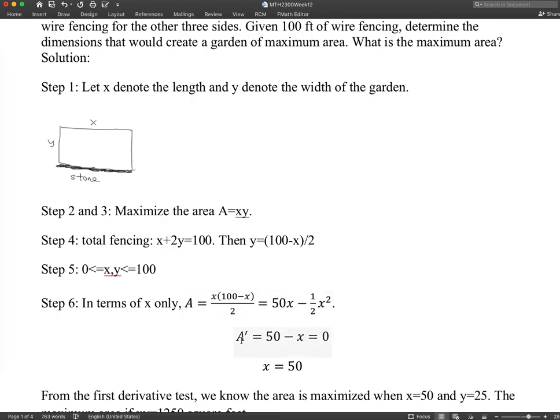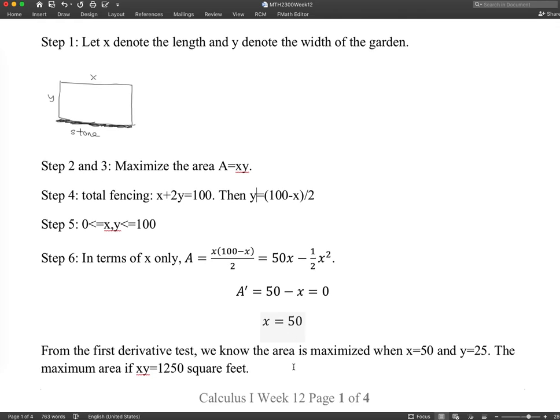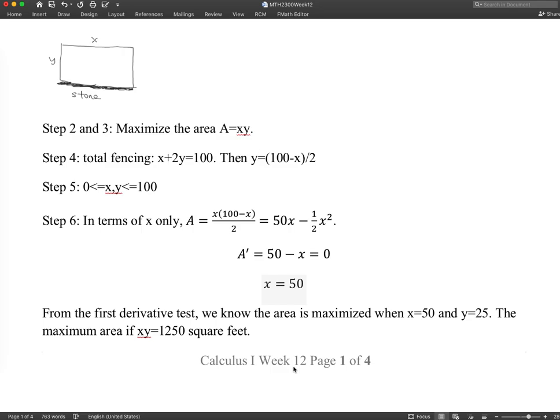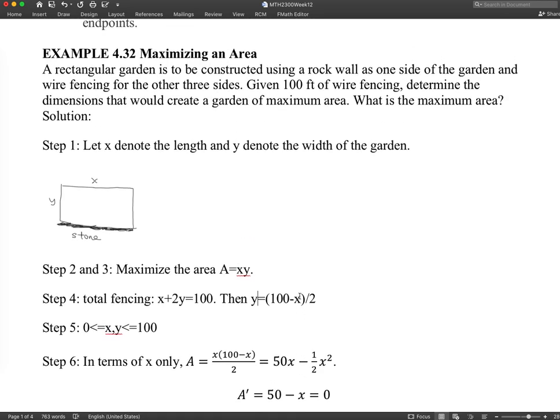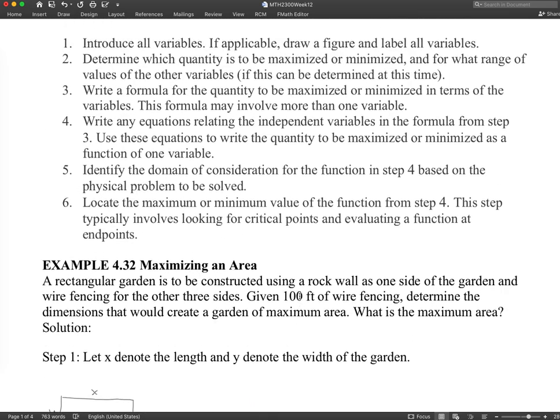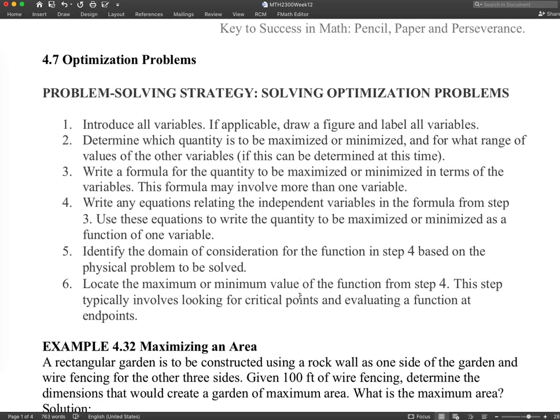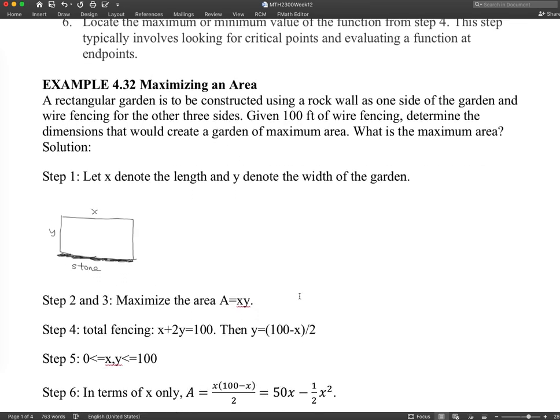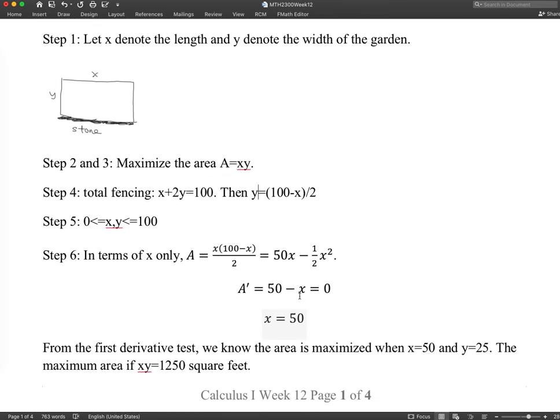And then we calculated the derivative A prime, and I figured out there's one critical point, x equals 50. 50 is a critical point, okay. And then I don't want to make this too long because the application problem does require a lot of work, so I skipped some work.